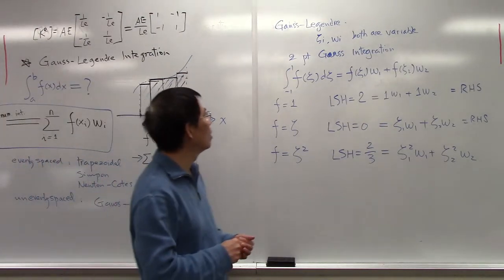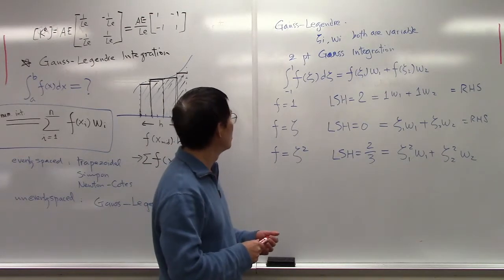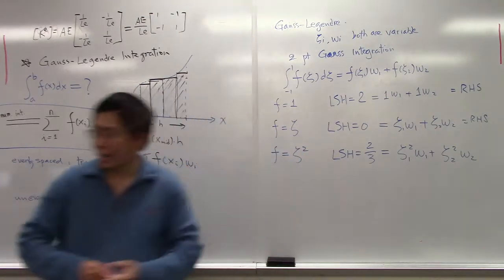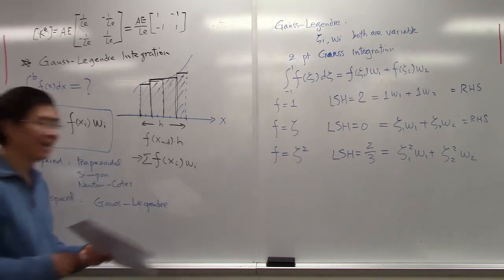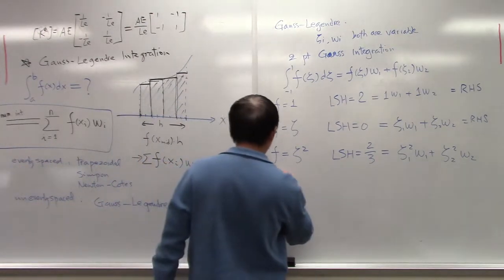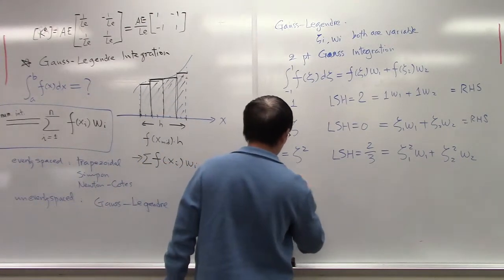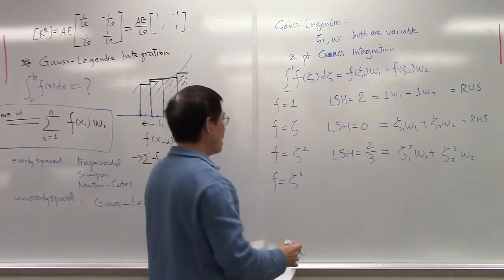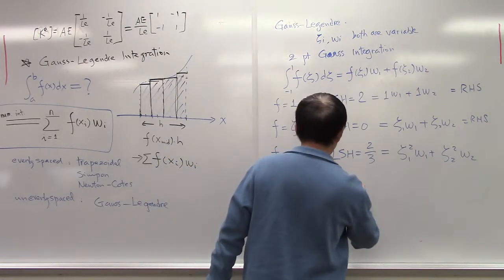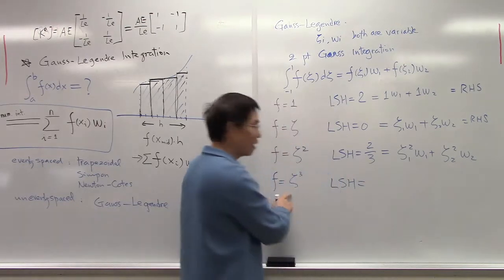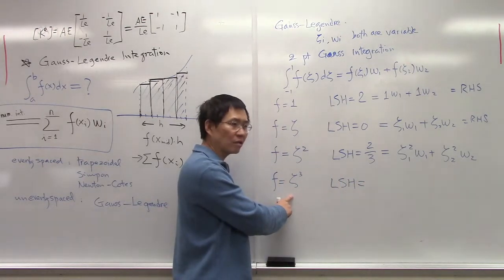Now let's see. I cannot hope. Oh, I only have 3 equations, so I can go up higher. Okay. So now I can also let f equal to theta cube. And the left-hand side, this is an odd function.